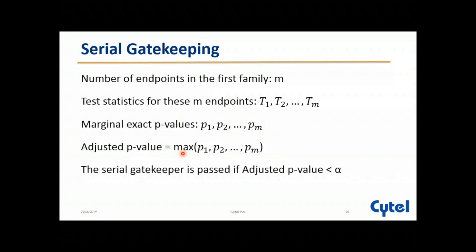Then only the serial gatekeeping will allow the analysis to go to the next level. So the adjustment that is required is taking the maximum over all the p-values. So the adjusted p-value is the max of all of them. And the serial gatekeeper will pass to the next level only if this adjusted p-value is significant, that is less than alpha.